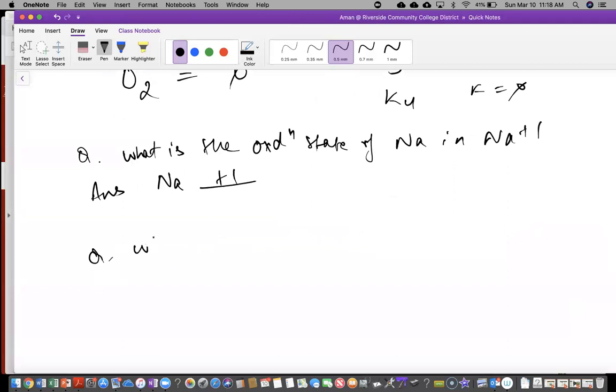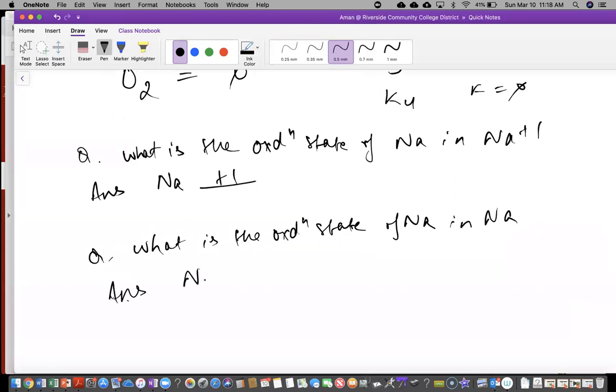The question is, what is the oxidation state of sodium in sodium? The answer is 0, because you're just basically copy pasting the number on the top.